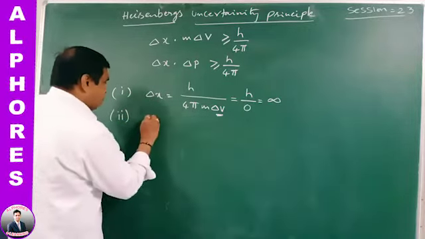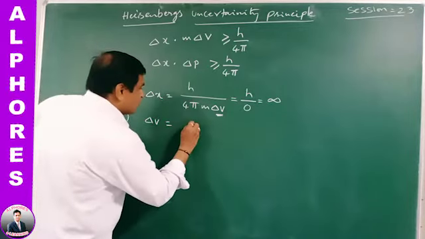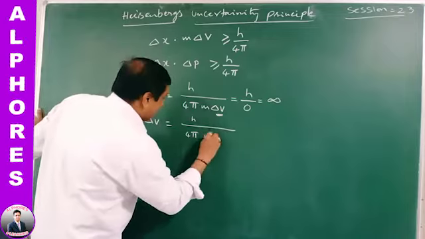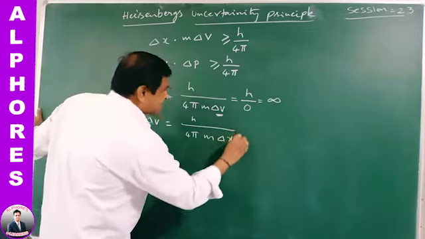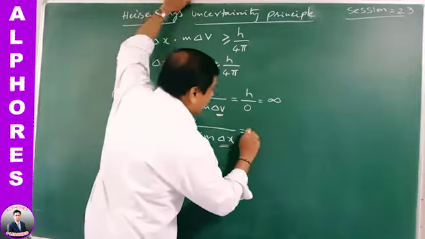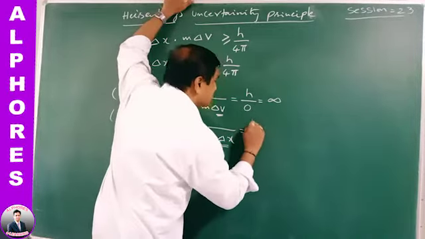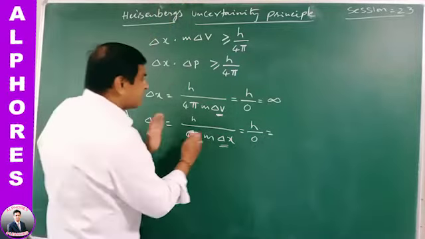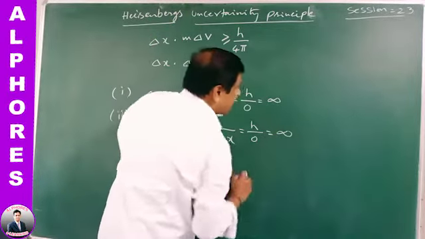Now, delta v is equal to h by 4 pi m delta x. When the change in position of the electron is determined as 0, then the change in velocity becomes infinity.